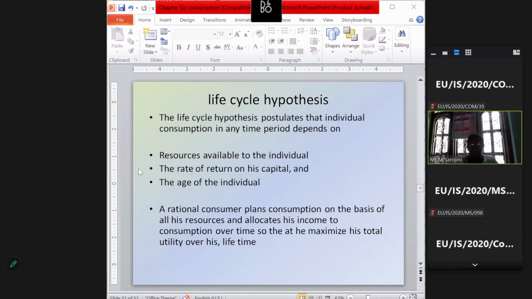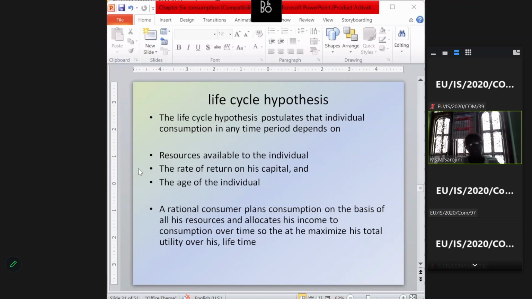The third theory of consumption is the life cycle income hypothesis. This life cycle hypothesis postulates that individual consumption at any period of time depends on resources available to the individual, the rate of return on this capital, and the age of the individual.